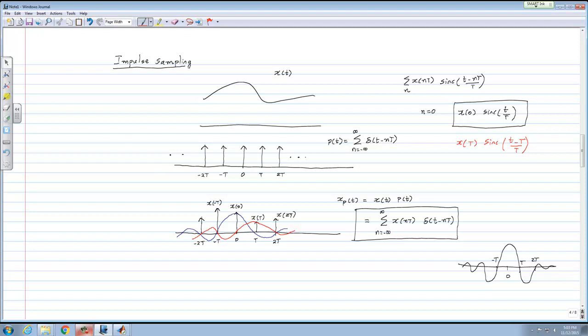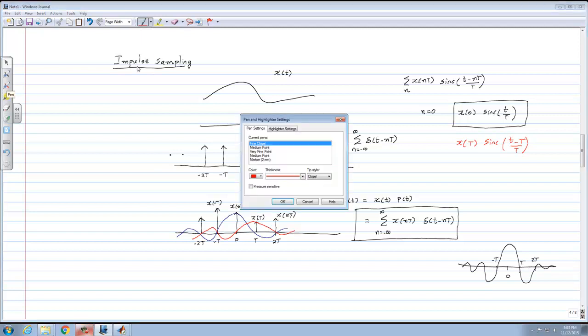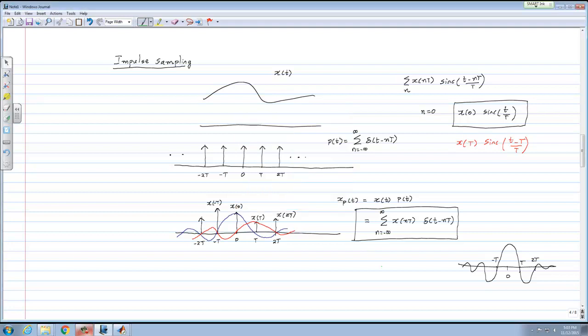Now if I do the same thing for the next time instant, I'll just do one more. I don't know if you can see this green or not, but so x of 2T times sinc t minus 2T over T. So that is actually doing this.